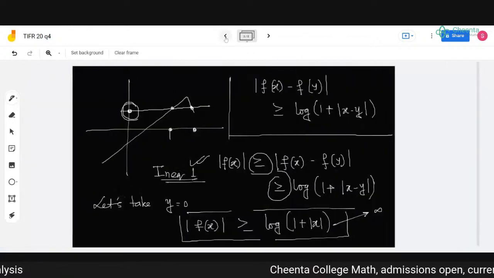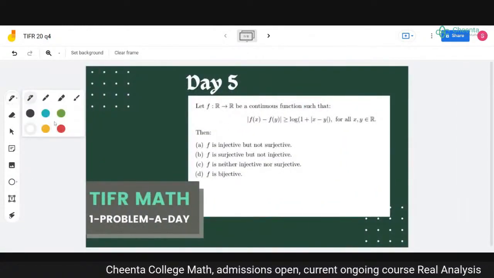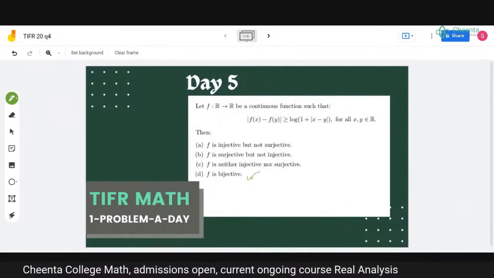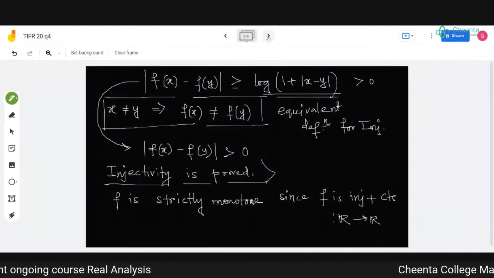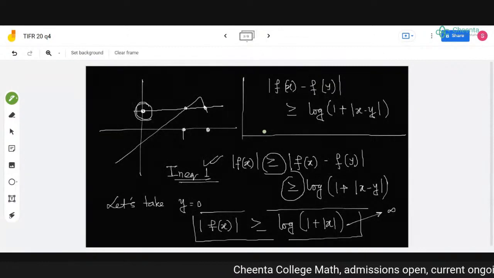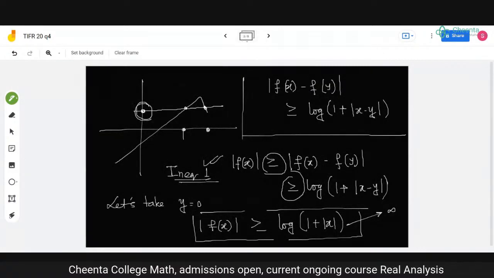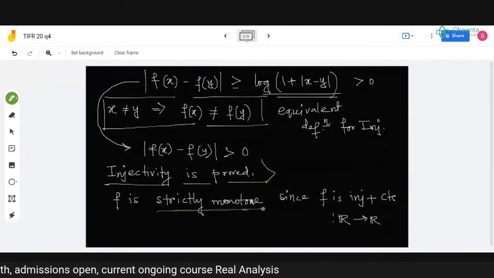Thus, in this problem, the correct option is that f is bijective. So what did we use here? First, from injectivity and continuity, we deduced that it is strictly monotone.